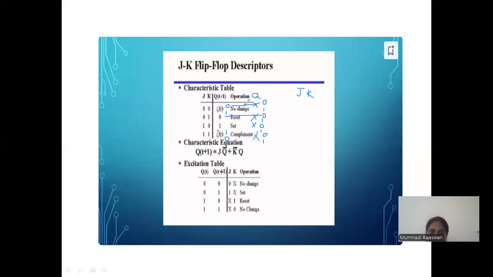We are getting these two conditions when J is equal to 0, K is equal to 0, and one more condition is when J is equal to 0 and K is equal to 1. So the mandatory inputs for Qn equal to 0 and Qn+1 equal to 0 are J equal to 0 and K equal to X. Okay. This is the first condition.